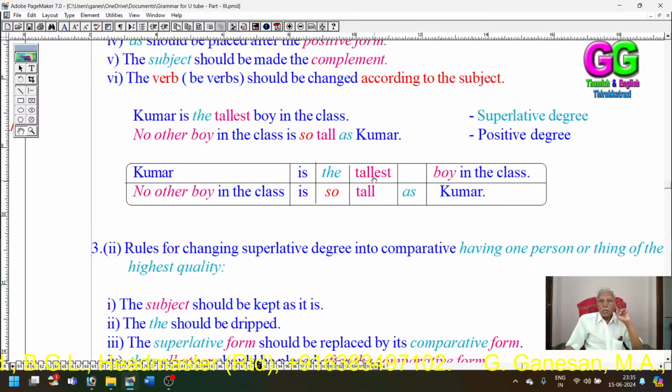Then the superlative form has been replaced by the positive form tall. Then the positive scale as is placed after the positive form. Then the subject is made the complement. That's all. Here, Kumar is the subject. Here, Kumar is the complement.